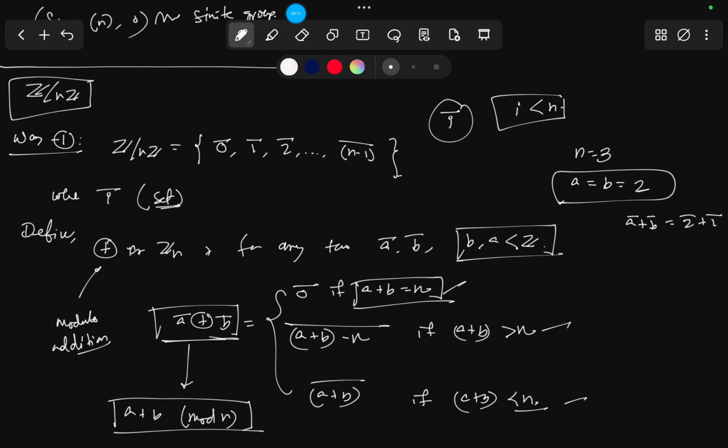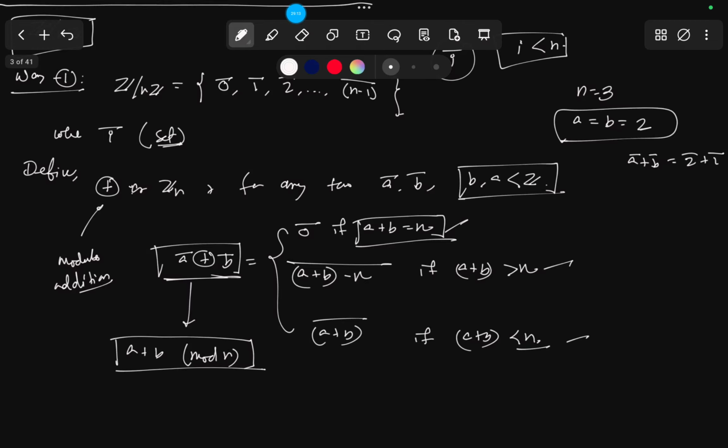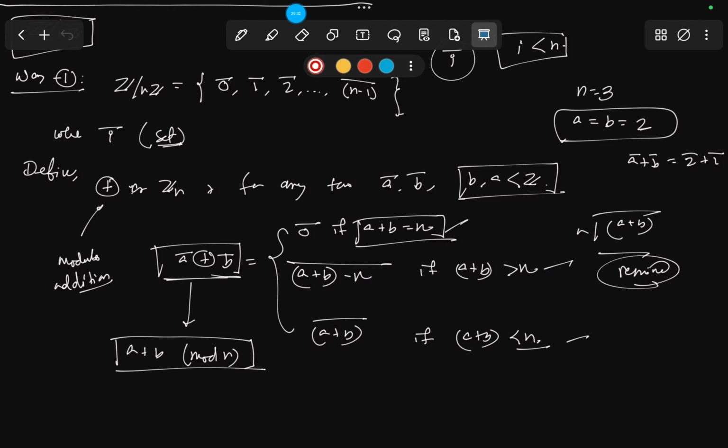So this is the motivation. If A plus B is n, then we are just dividing A plus B by n and taking the remainder. Now you see that for any of the cases, this is going to be our basic formula.